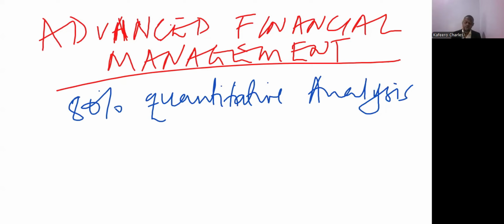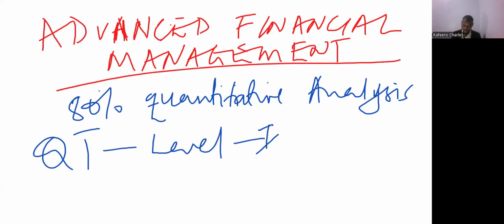That's why you are forced most of the times to do the QT paper, or quantitative techniques, on level 1. The reason is to equip you with the knowledge that you will be using in advanced papers, like advanced financial management.